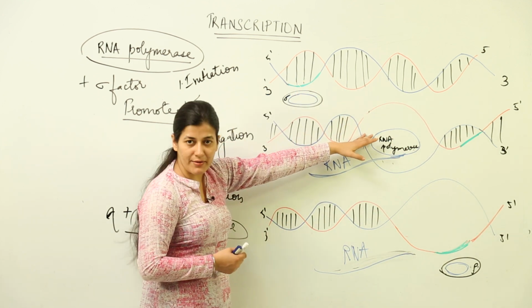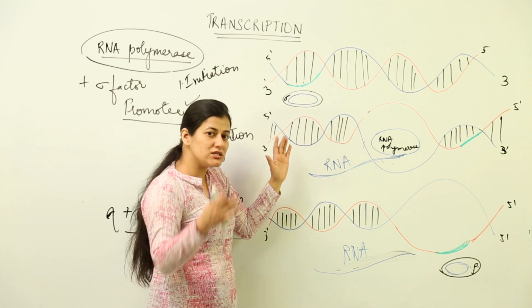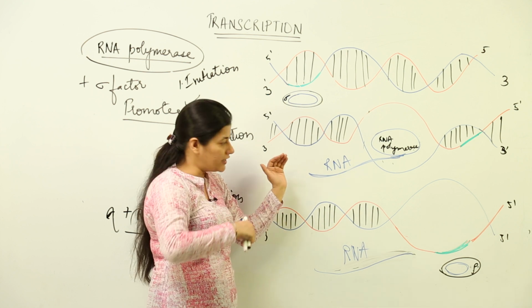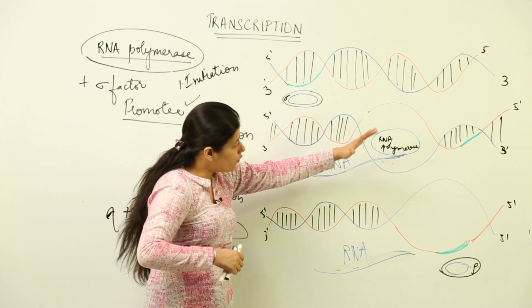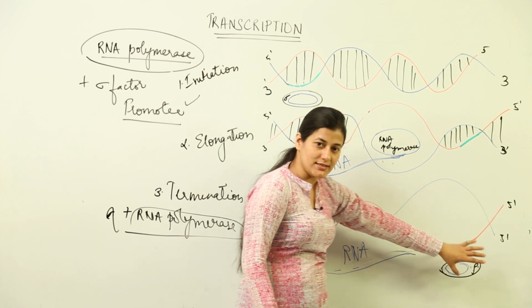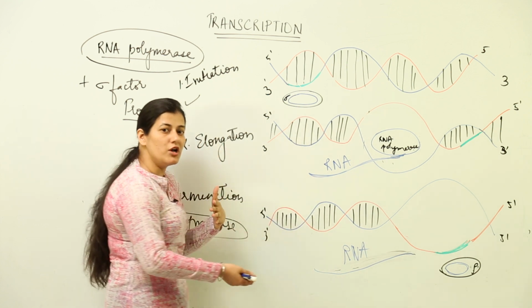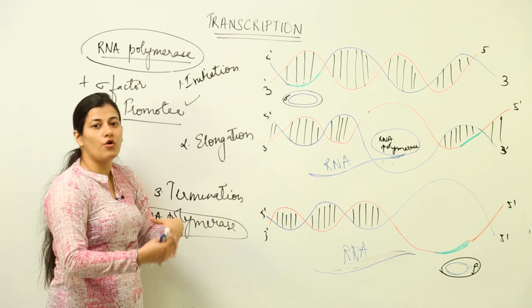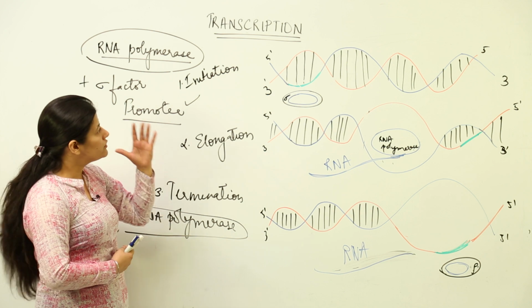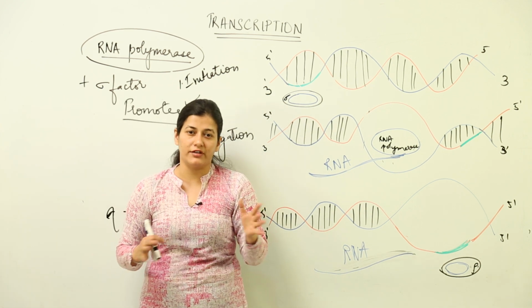From the template strand, RNA polymerase notes down the sequences, brings the complementary nucleotide triphosphates and elongates the RNA. When it reaches the terminator sequence, rho factor comes to its assistance and detaches the RNA from RNA polymerase, and RNA polymerase is in turn ready for another cycle of transcription. So, this is all you have to remember in transcription. I hope you have understood it well.